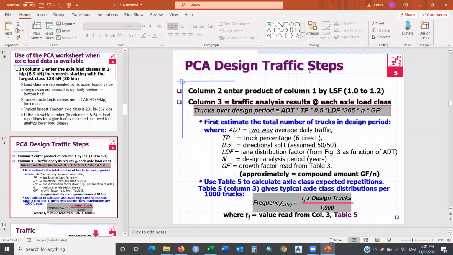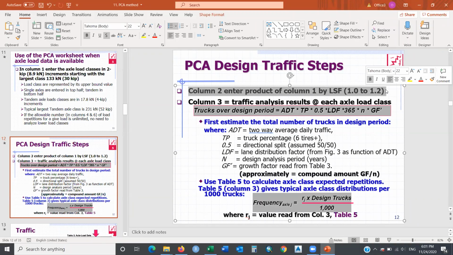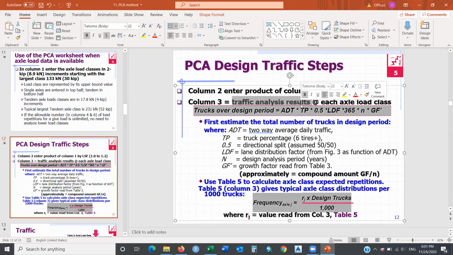Now, for the design traffic, these are the steps. You will have to estimate what is your low safety factor, and you will keep it somewhere over there. The traffic analysis should tell you the forecast on the average daily traffic that you expect to have on the road, the ADT. This is in one day in 2 directions.